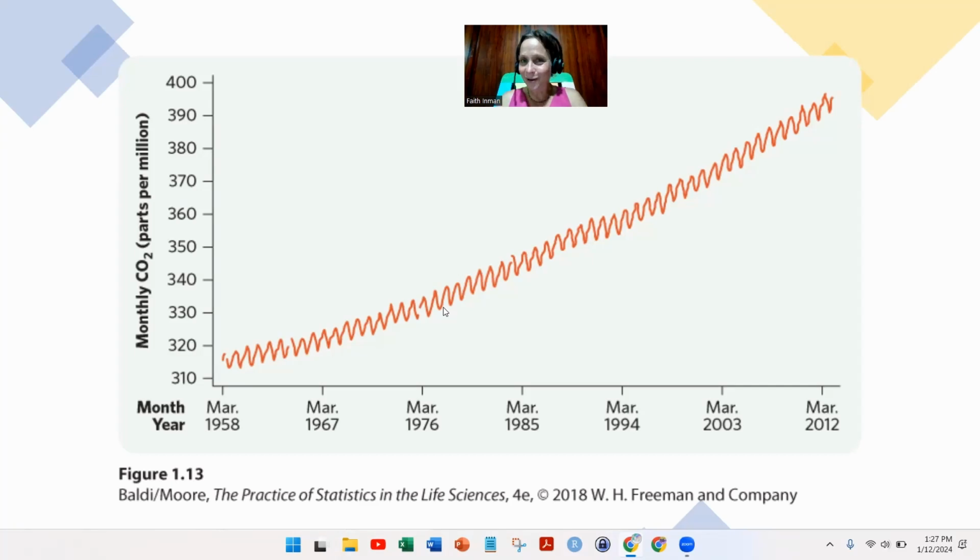And you might also know that some of the really important data for the CO2 in the atmosphere comes from Hawaii, from one of the observatories on Mauna Loa. I'm not sure if it's open after that last eruption last year, but that's where some of this data comes from.